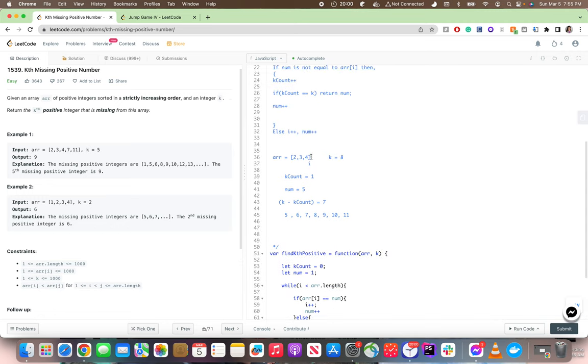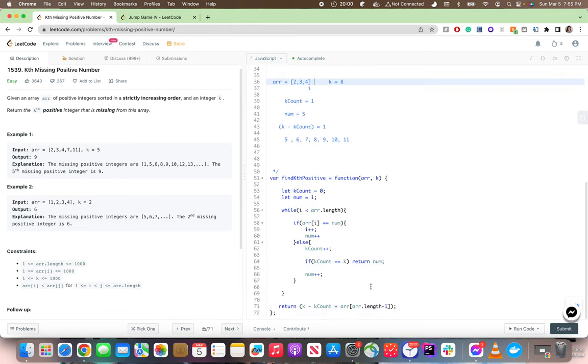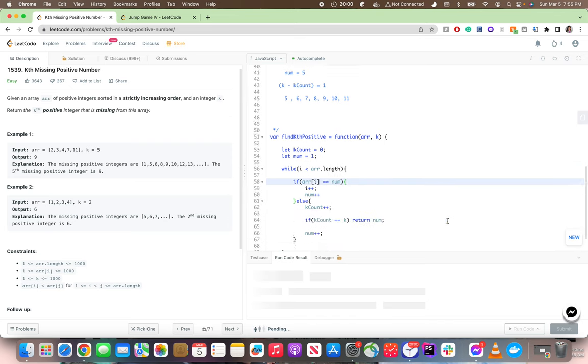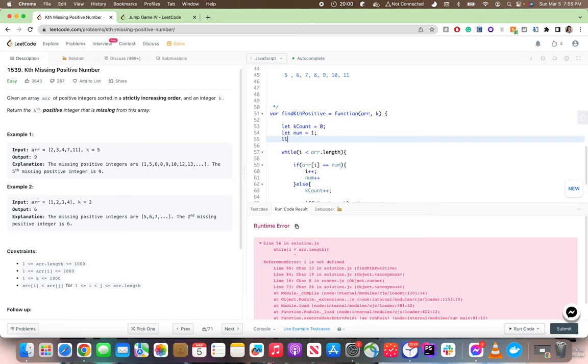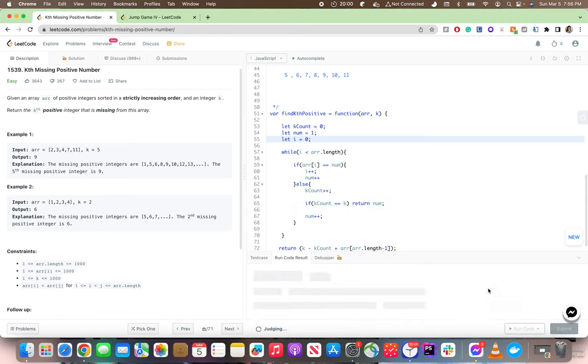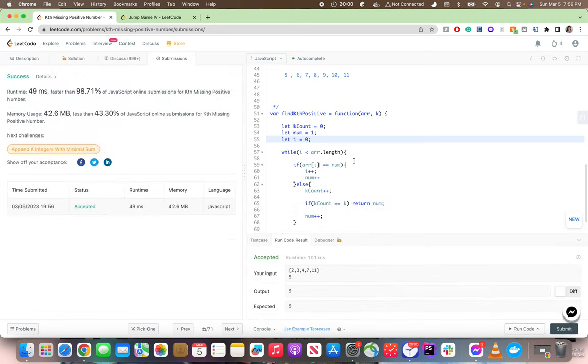So here also, suppose if this value is just 1, it means that we need one more positive integer, right? So it would be 5. 4 plus 1 is equal to 5. Yeah, I think this would work. I'm not sure. What happened? i is not defined. Let i is equal to 0.